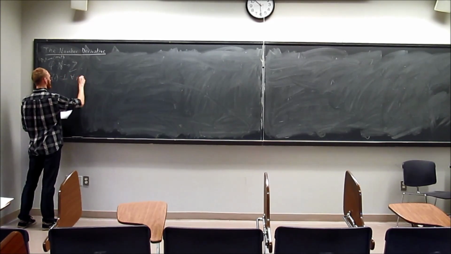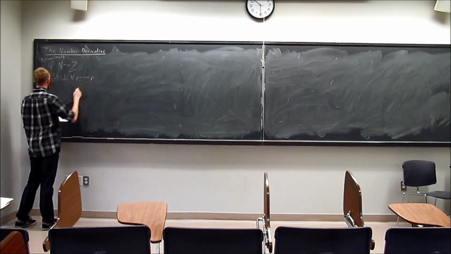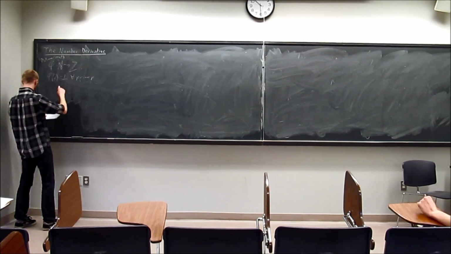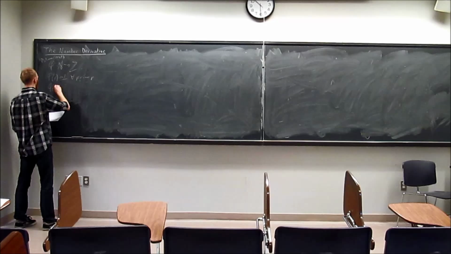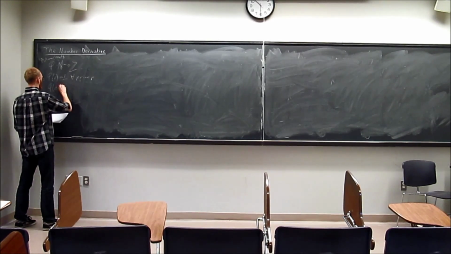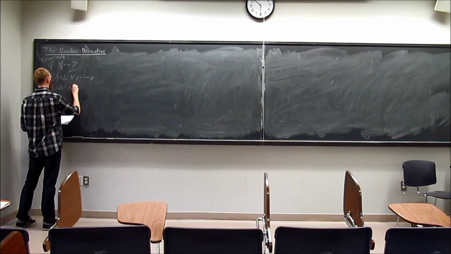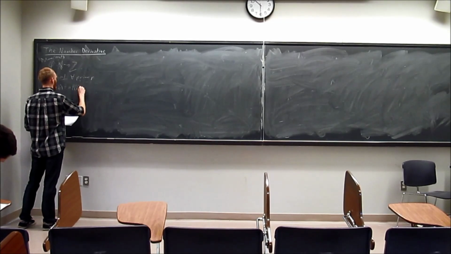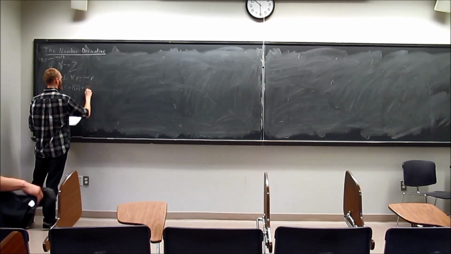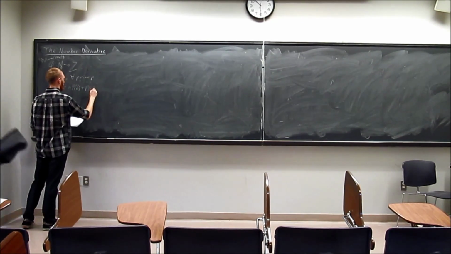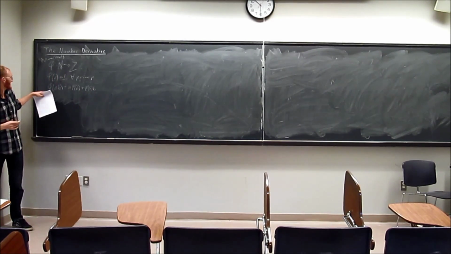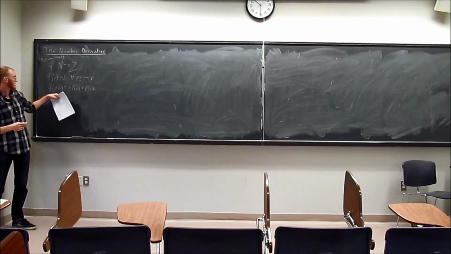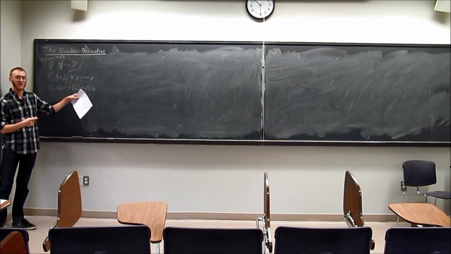Any prime p, phi takes p to 1. And the phi of a times b equals a times phi of b plus phi of a times b.